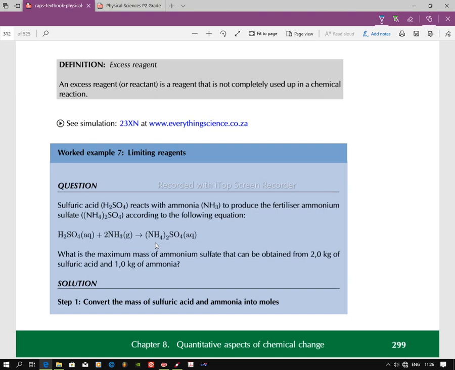They say the maximum mass of ammonium sulfate that can be obtained from 2 kg of sulfuric acid and 1 kg of ammonia. So what is the maximum mass of ammonium sulfate? They want the maximum mass of this ammonium sulfate.